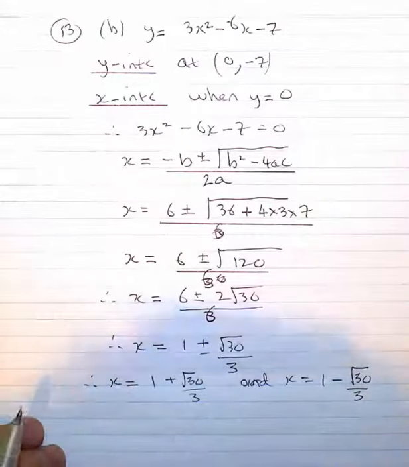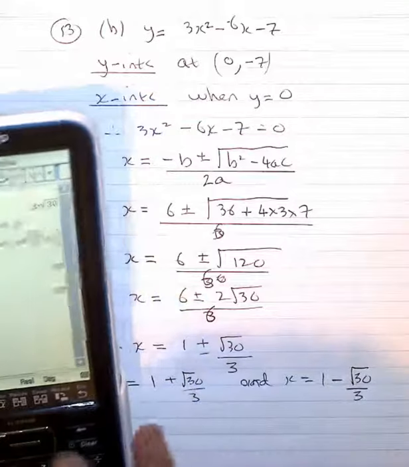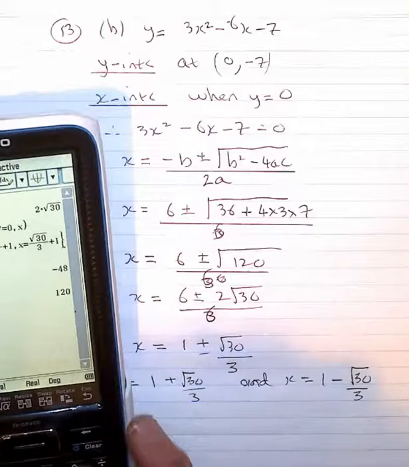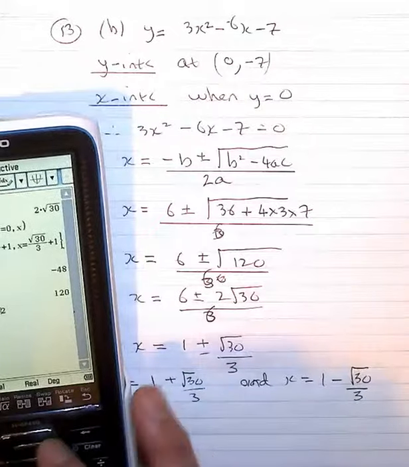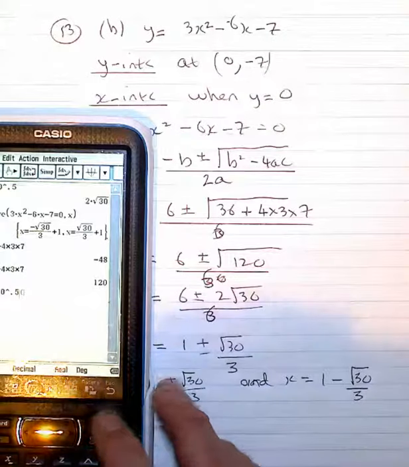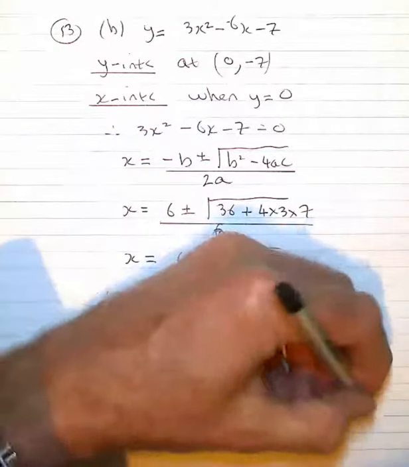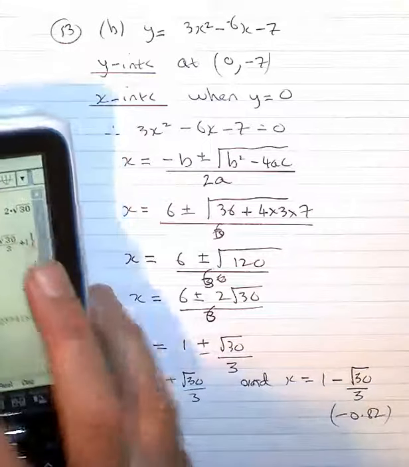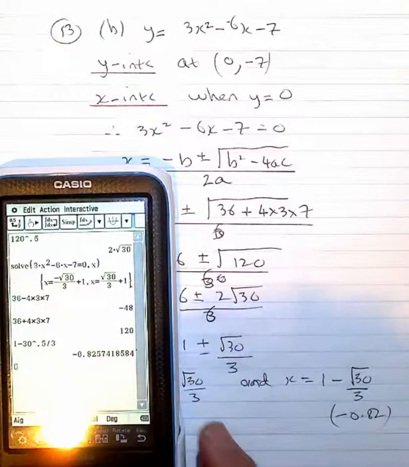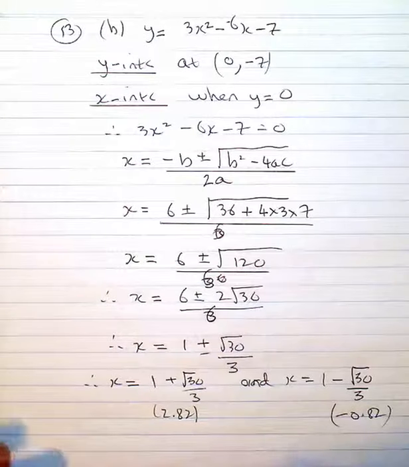Now to get a bit of a ballpark figure there, if I had to, that ends up about negative 0.82, and if I change that to an addition, I get 2.82. So it might just help me plot the graph in that particular instance.